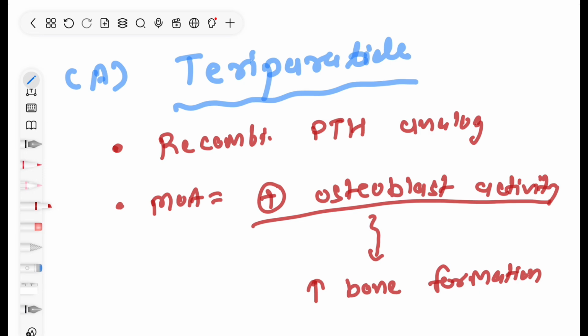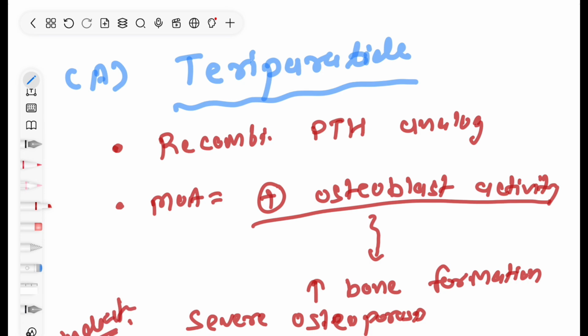The indication is severe osteoporosis, where the T-score is less than minus 3.5, or multiple fragility fractures, or intolerance to biphosphonate.